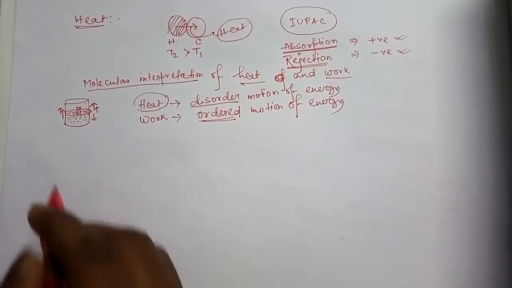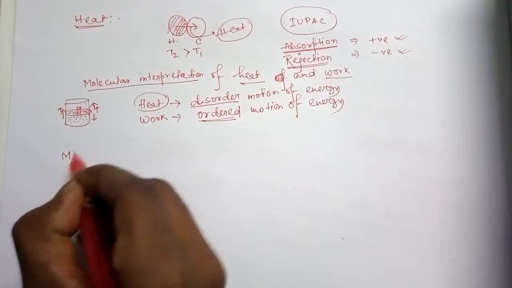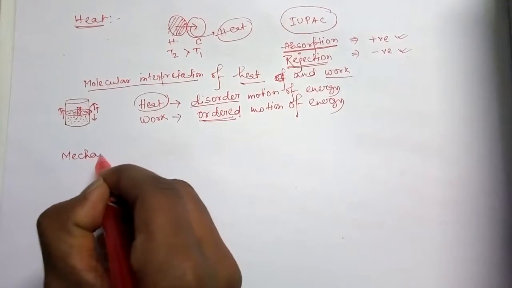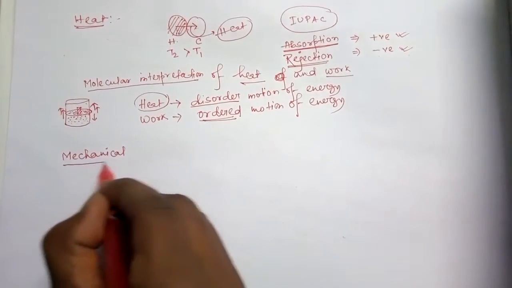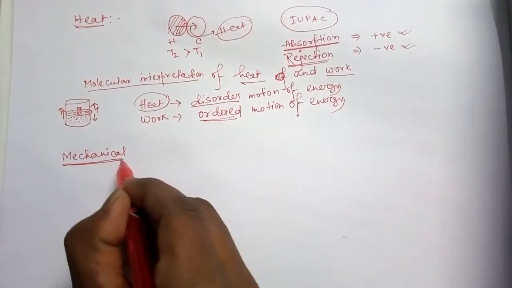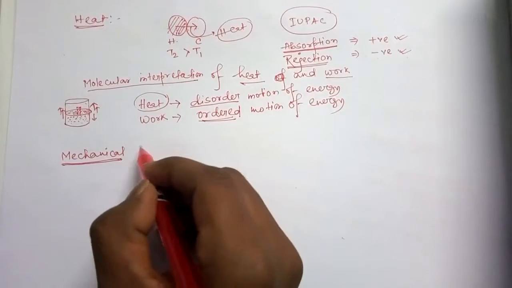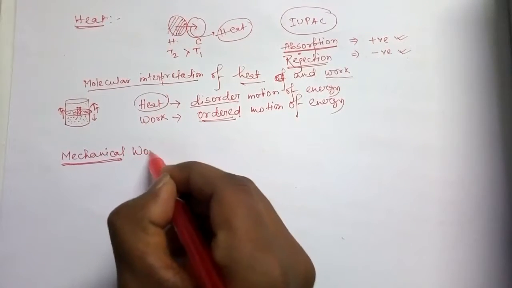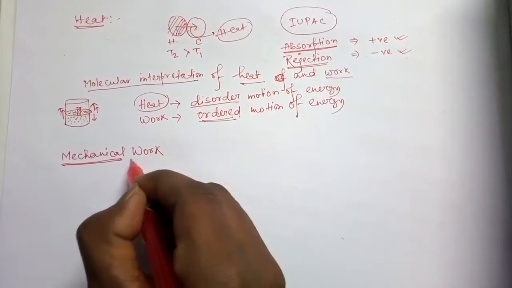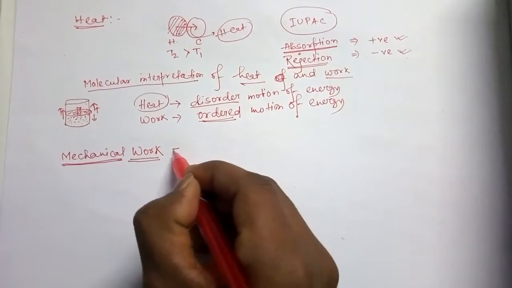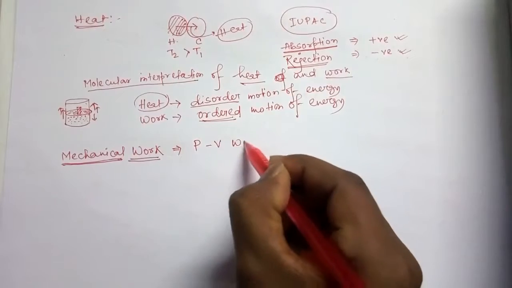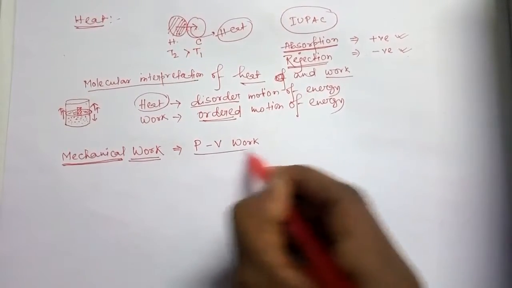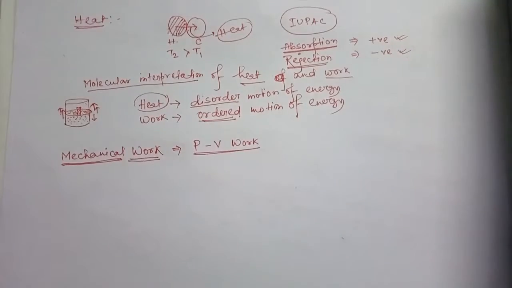Now, mechanical work. If there is any kind of work related to pressure and volume change, then we can term this a mechanical work. Mechanical work means PV work, that means pressure and volume related work.